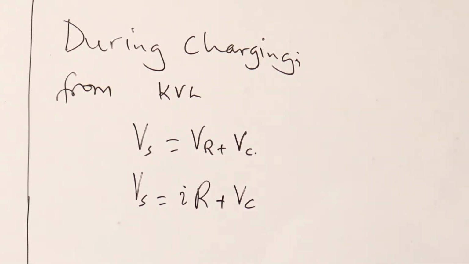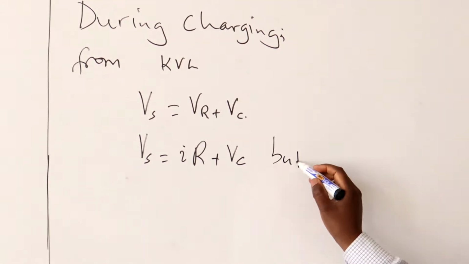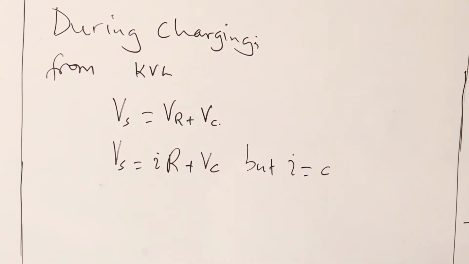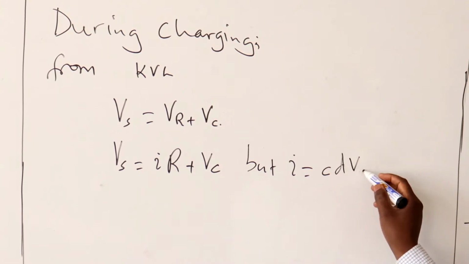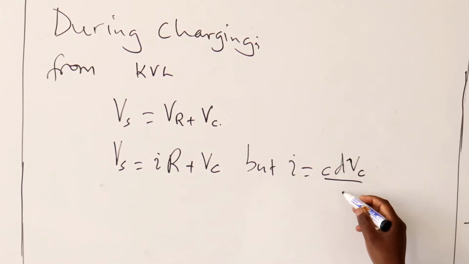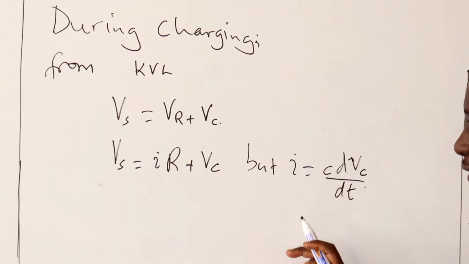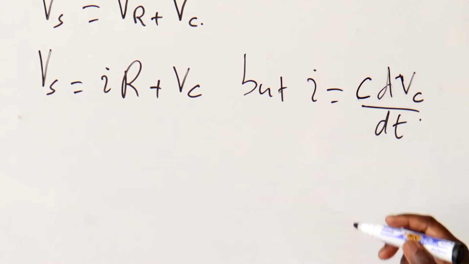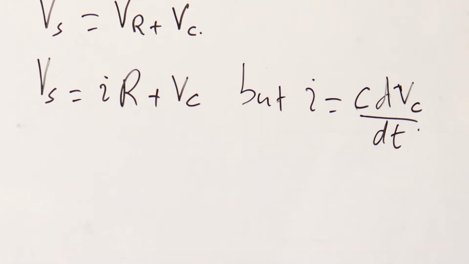According to how the equations are done, the current due to a transient is I equals C dVC over dt. This is the current given by the transient. So we replace the value of I in the equation.